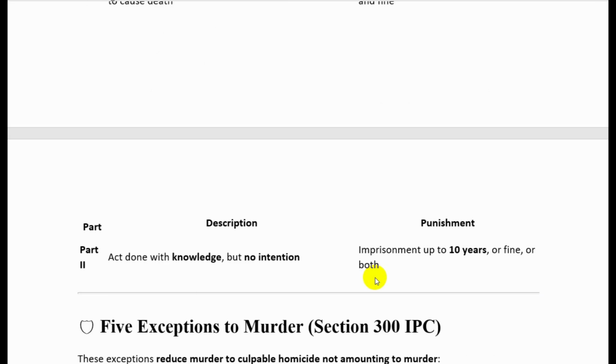And in part 2, the act was done with knowledge but no intention. The knowledge was there that this act will cause death. The punishment for part 2 is imprisonment up to 10 years or fine or both.